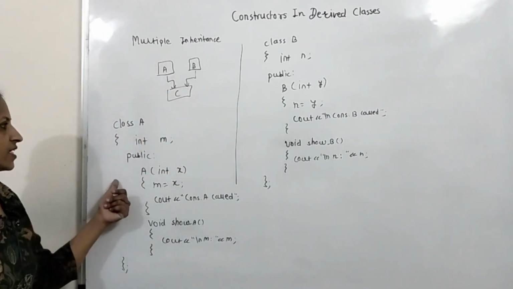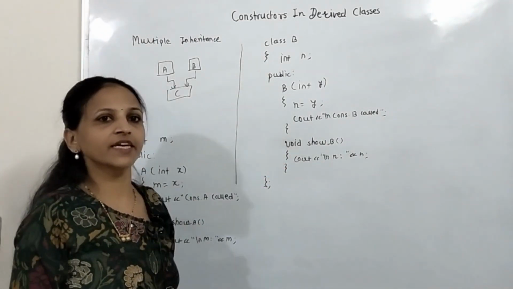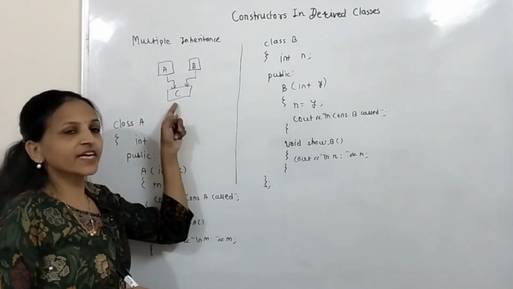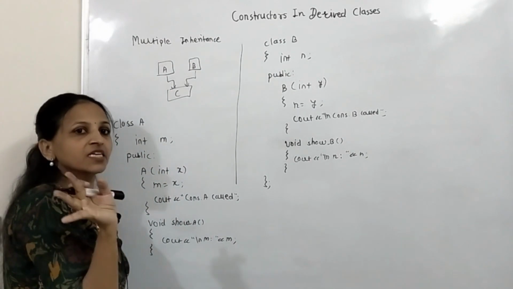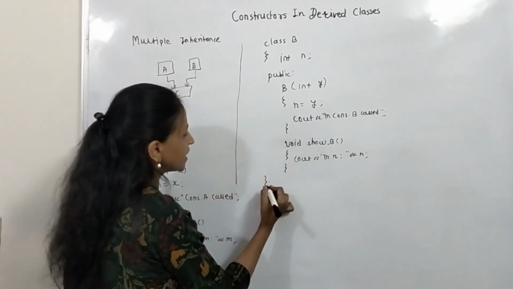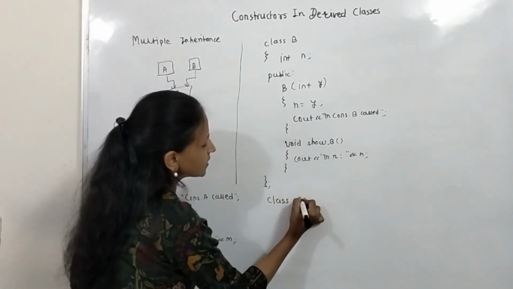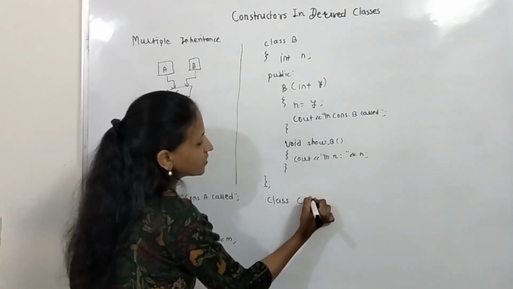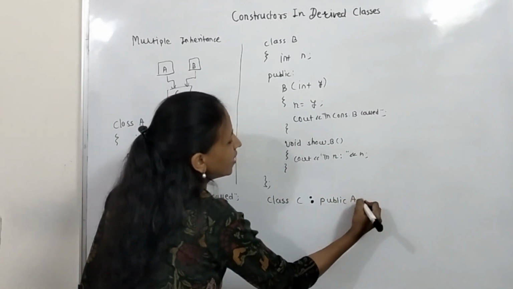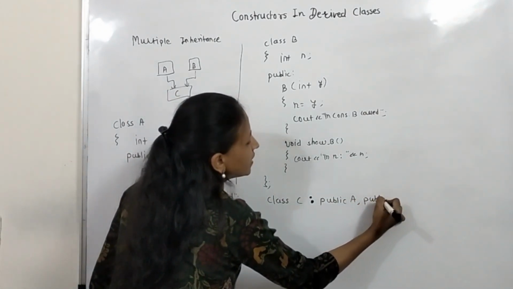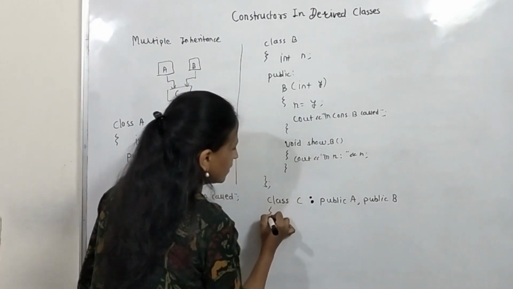See, this one is class A, this one is class B, already created. Now I want to create class C using A and B both as base, meaning we are implementing multiple inheritance here. Class C. Now colon. First we have to write public A comma public B. Get it?